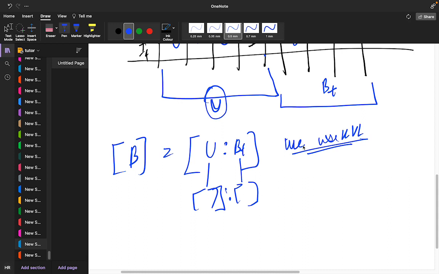So tomorrow we'll start the next chapter, that is filter and magnetic circuit. Tomorrow your network theory will be completed.